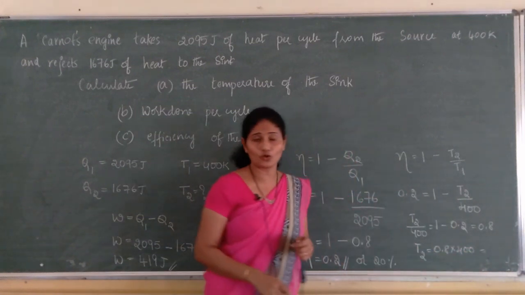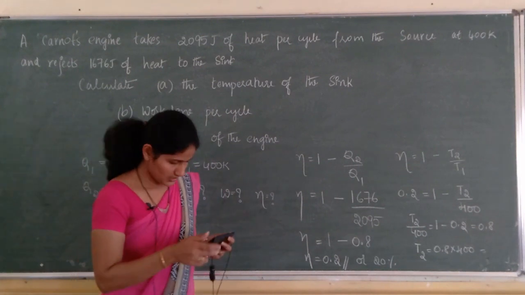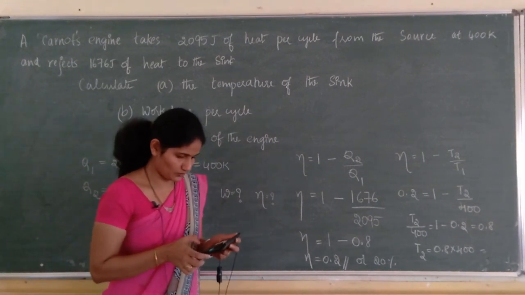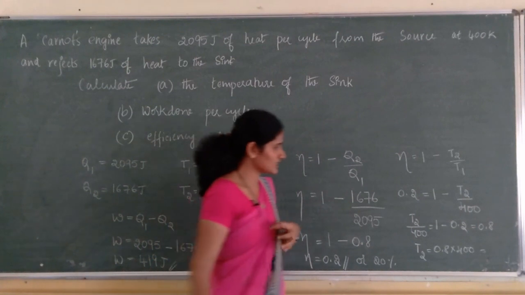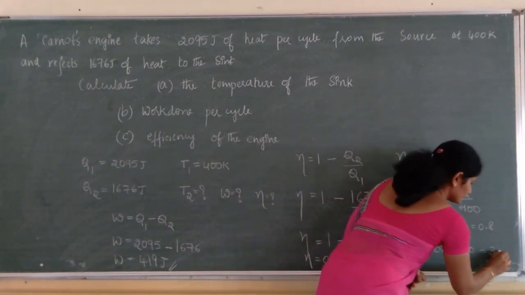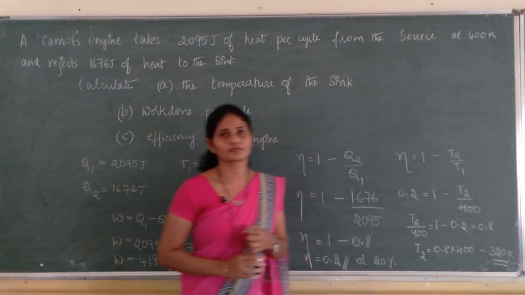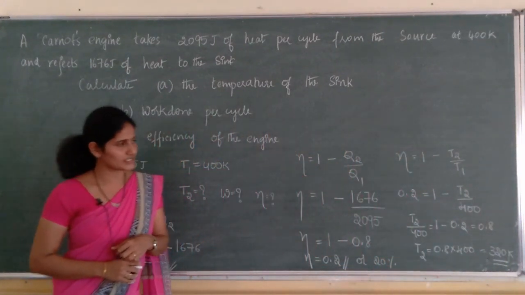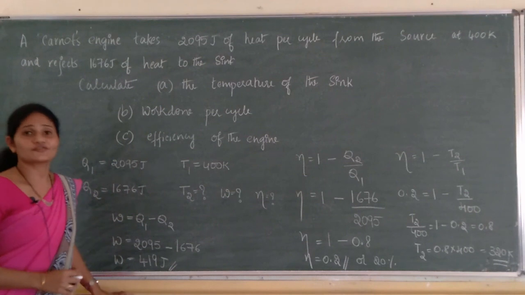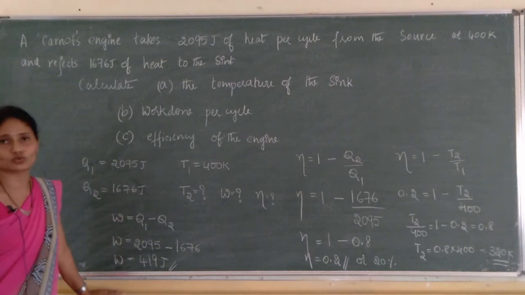This is the value of temperature of the sink. 0.8 into 400 is equal to 320 Kelvin. So, temperature of the sink is 320 Kelvin, efficiency of the engine is 0.2.